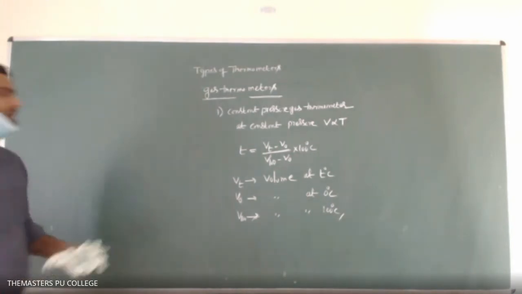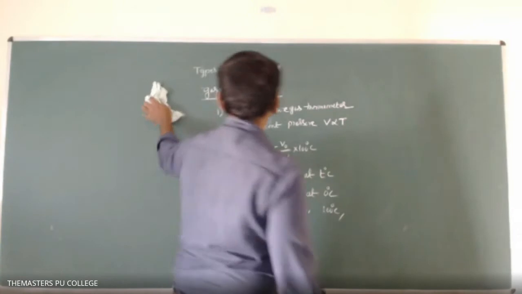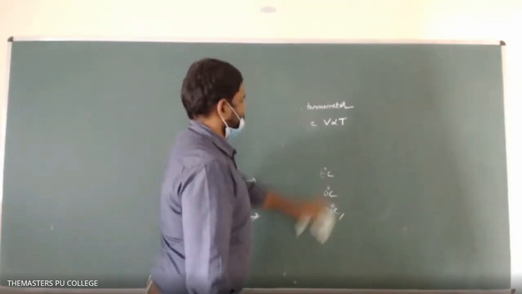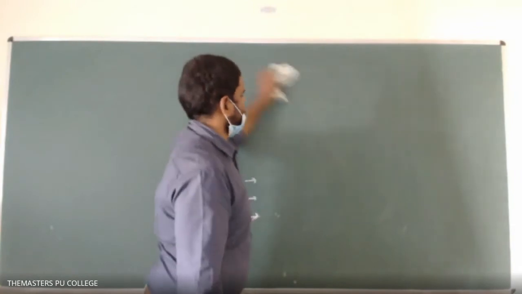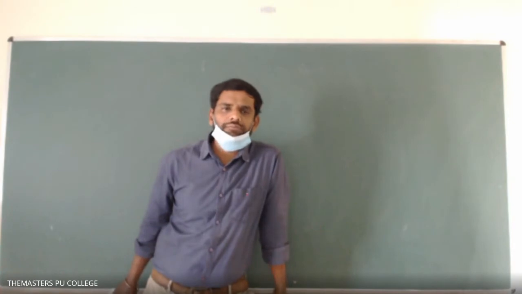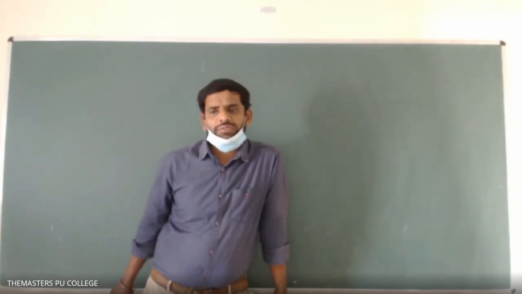And one more thing, students: yesterday we discussed four types of scales. What are those four types of scales? Celsius, Fahrenheit, Kelvin, and the Reaumur scale.